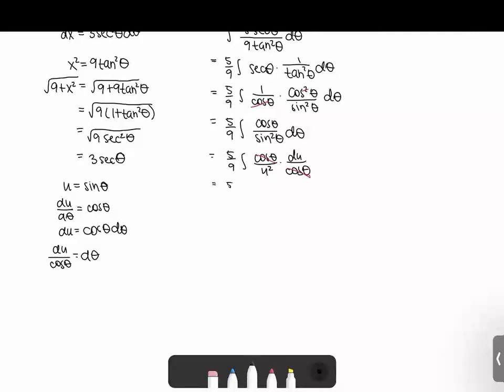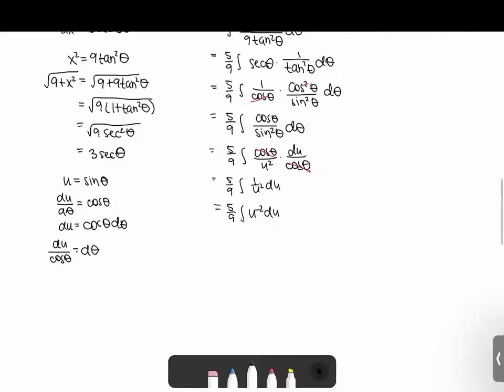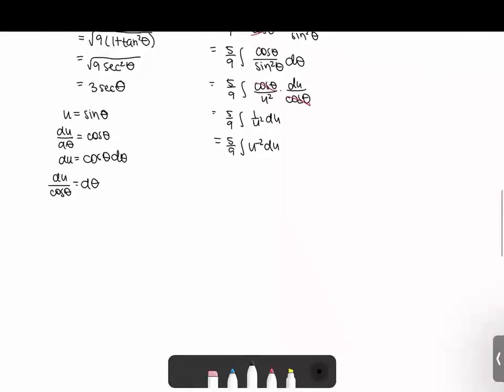So this is going to be 5/9 integral of 1/u squared du. And I can rewrite that as the integral of u to the -2 du. And then I can use the reverse power rule. So my 5/9 stays. I add 1 to my power and divide by that new power. And then I'm going to add a c.